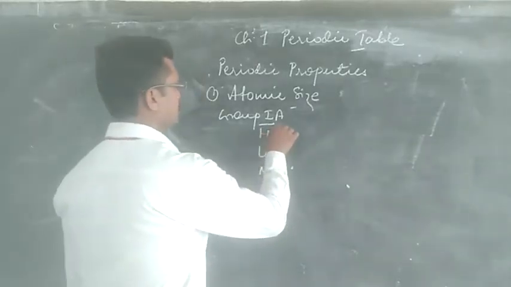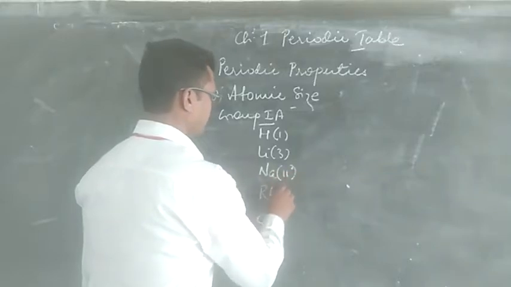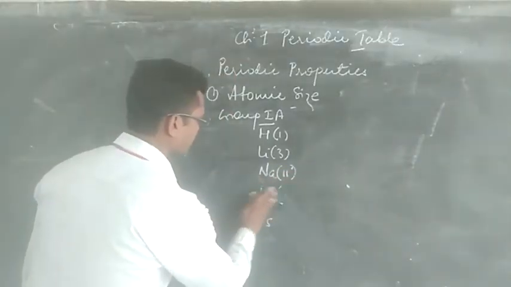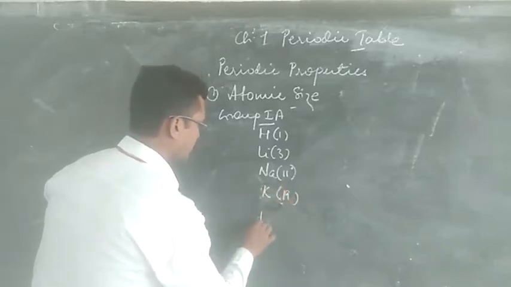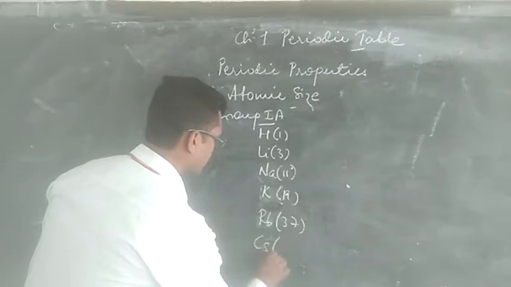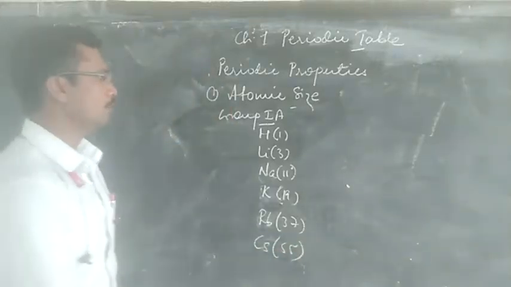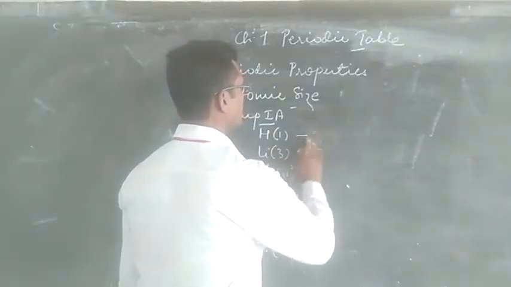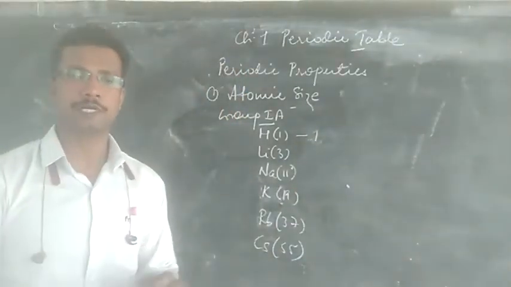The atomic numbers are 1, 3, 11, potassium 19, then rubidium 37, and cesium 55. When you write the electronic configuration, you can come to know the number of shells each atom requires.